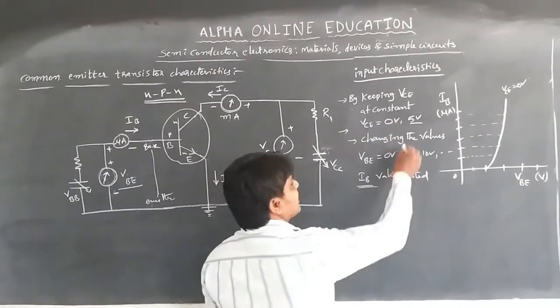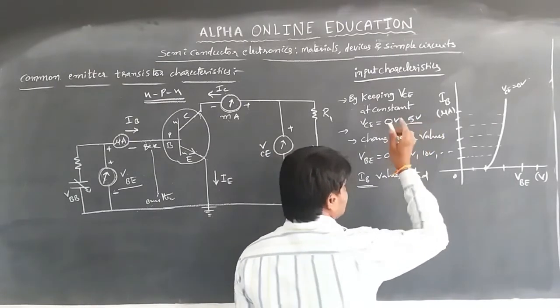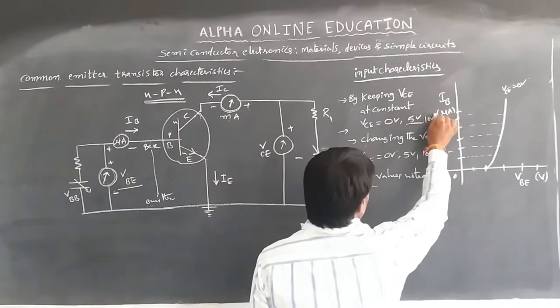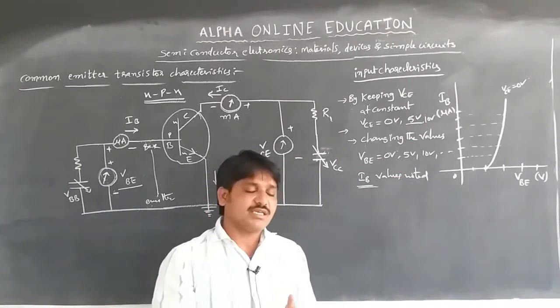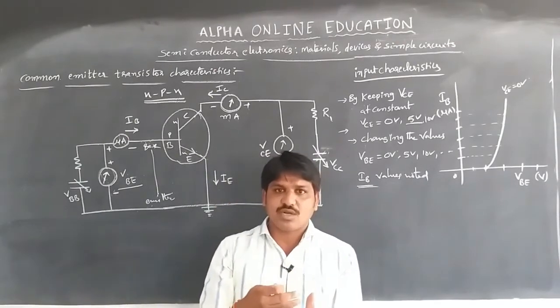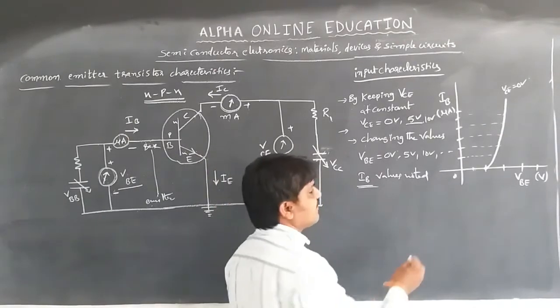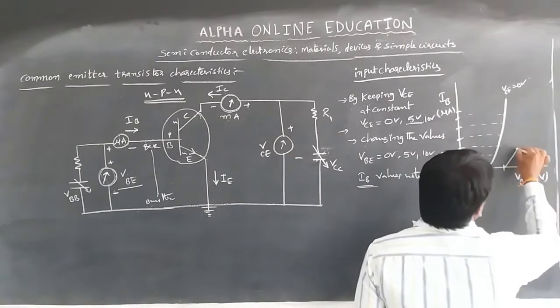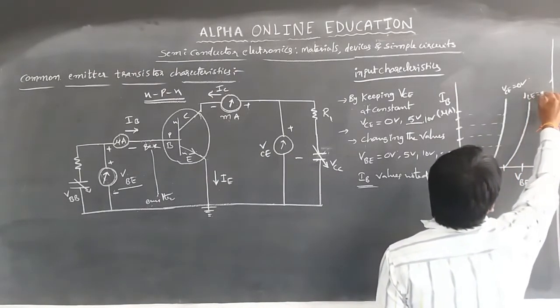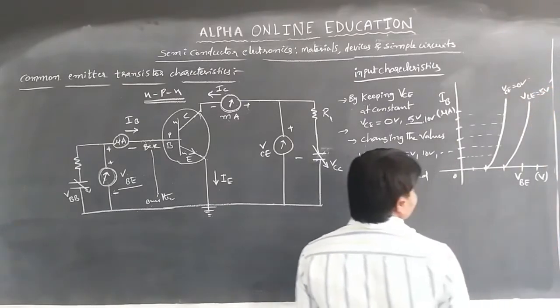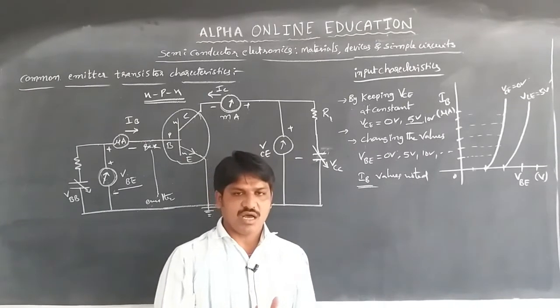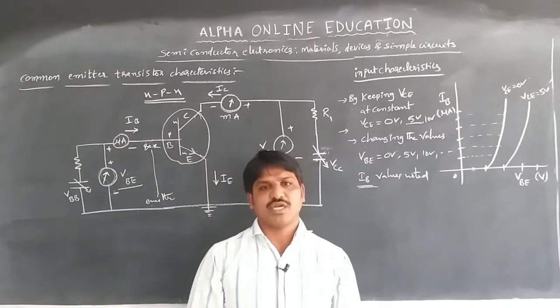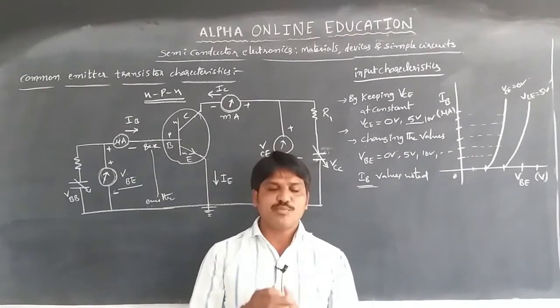After that, keeping it constant at 5 volts or 10 volts, the process is repeated by changing the VBE values, the potential across the base emitter junction, and again the base current values are noted. So we can take VCE at 5 volts or 10 volts. As the base emitter voltage changes, the base current values are noted, so the input characteristics can be obtained.